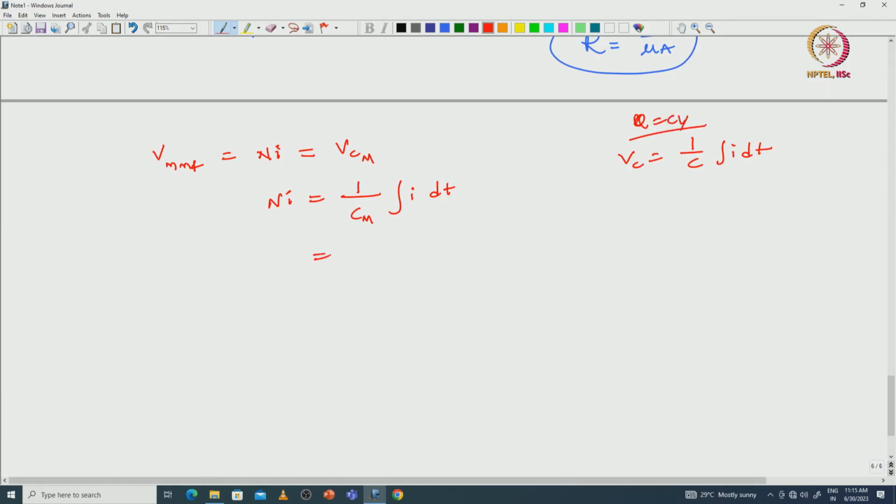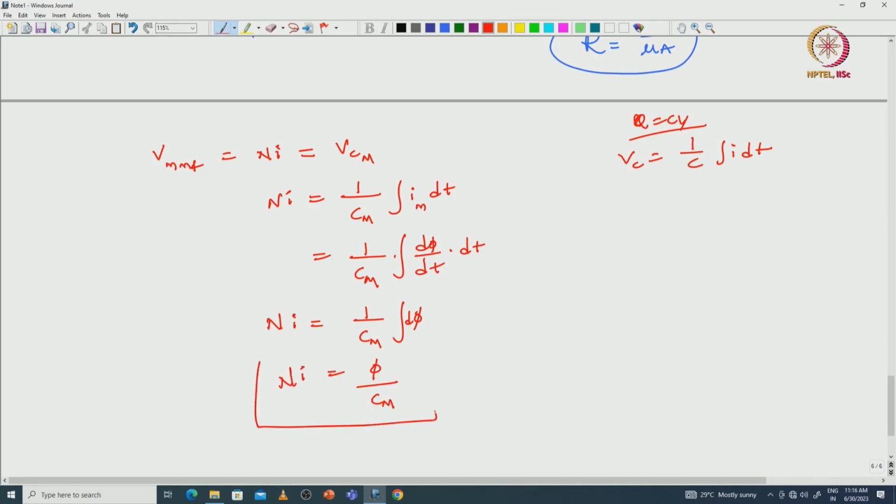Here I is nothing but the flow variable, so 1 by Cm into the integral of d phi by dt into dt. So MMF is equal to 1 by Cm integral of d phi, which results in flux divided by magnetic capacitance. This is the final equation with respect to the capacitor voltage.